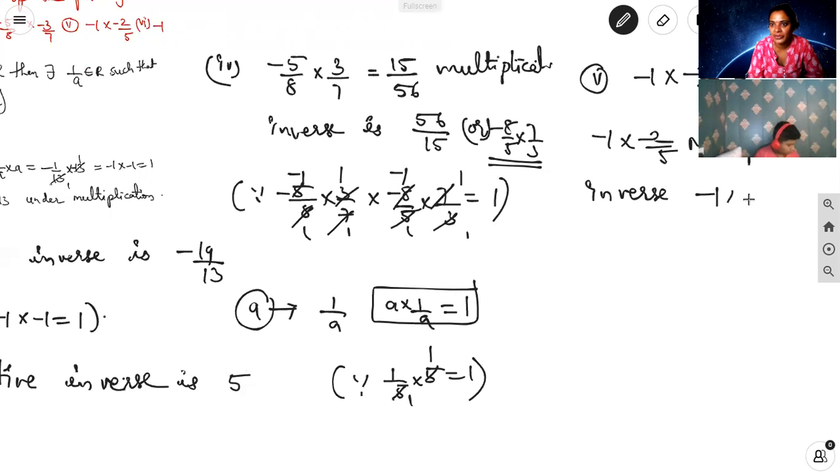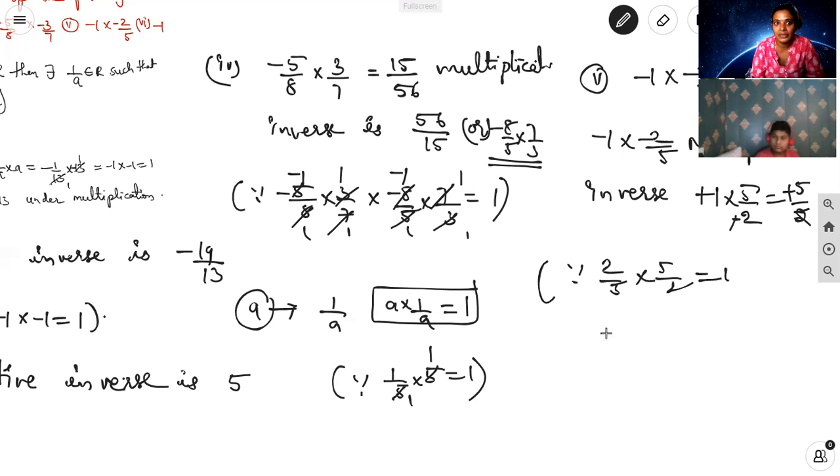Minus 2 by 5 inverse is 5 by minus 2, or simply the minus gets cancelled, so 5 by 2 is the multiplicative inverse. That is, the multiplicative inverse of the given fraction is minus 1 into 5 by 2 or 5 by 2 only. Okay. Just check: 2 by 5 into 5 by 2 is equal to 1.